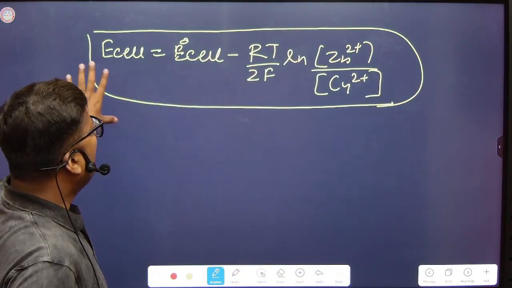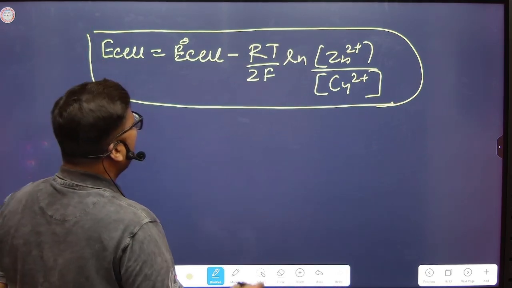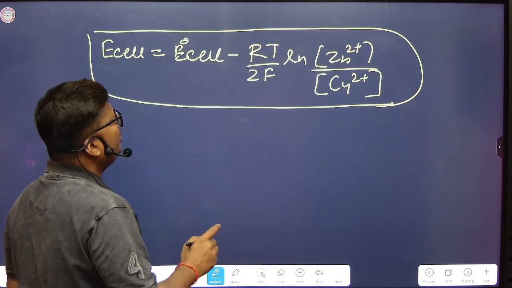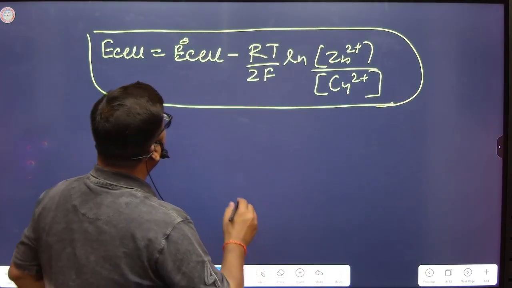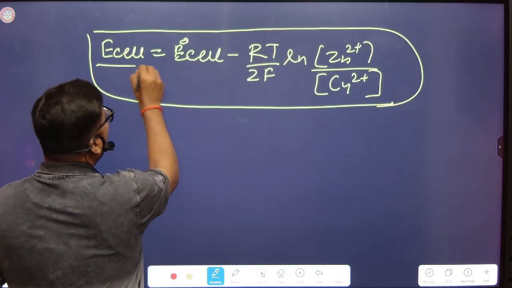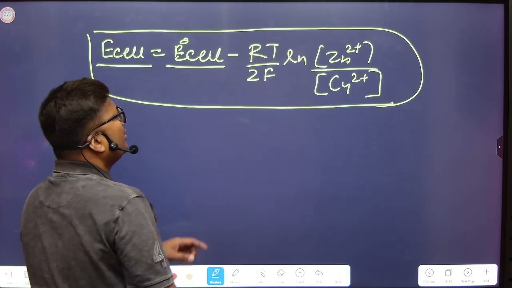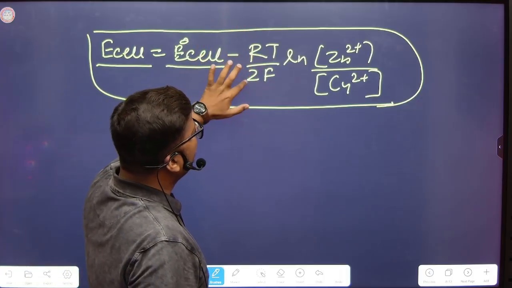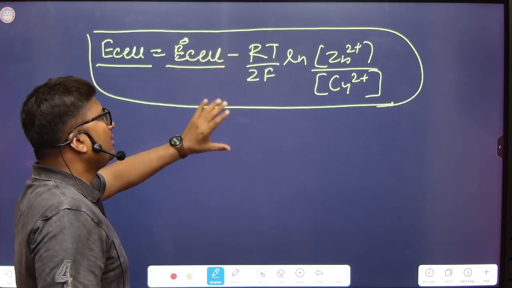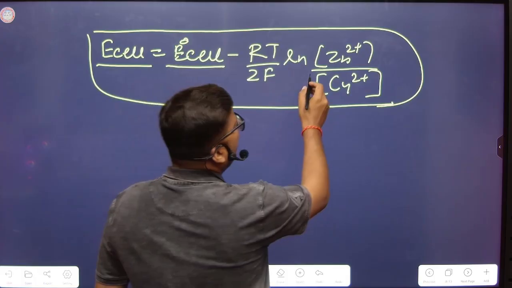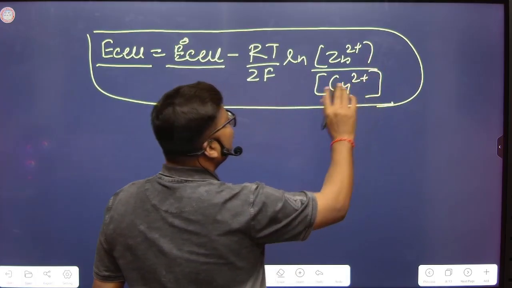Now the cell potential or E.M.F of the cell, this is at any temperature, this is at standard state, and RT upon 2F, 2 is the number of electrons transferred in the redox process, and ln Zn2+ upon Cu2+.